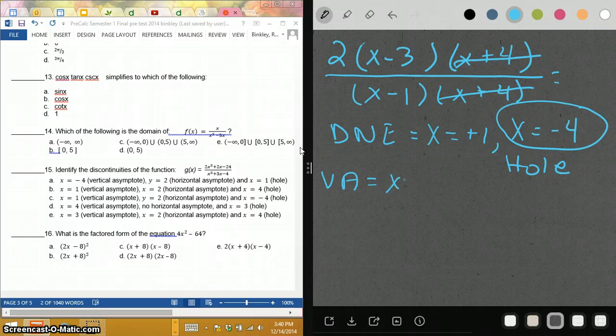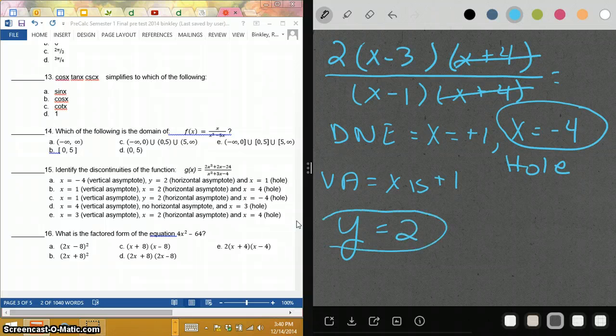And the horizontal asymptote, since both the numerator and the denominator are the same degree, would be 2 over 1. So the horizontal asymptote is y equals 2.